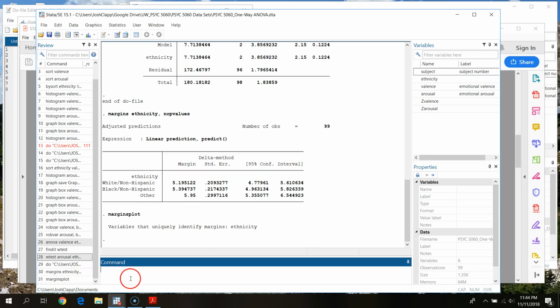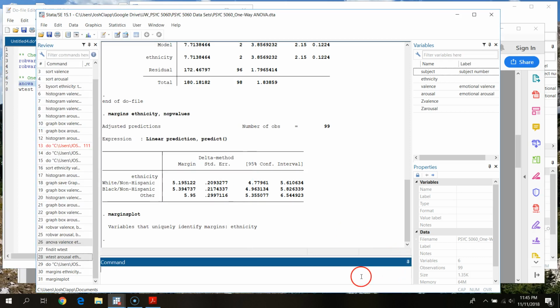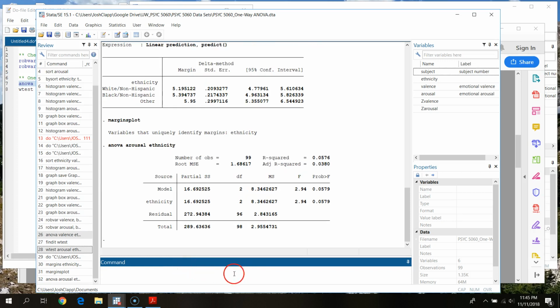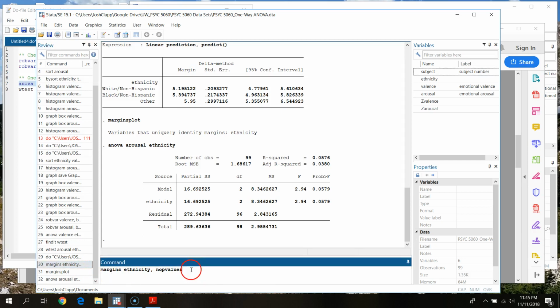Okay, but we can also go through and, let's say, take a look at this for arousal. Now we know that we violated our homogeneity of variance assumption, but in order to get our post-estimation plots and means, we'll just run that model, and then we can once again hit margins, ethnicity, no p-values.